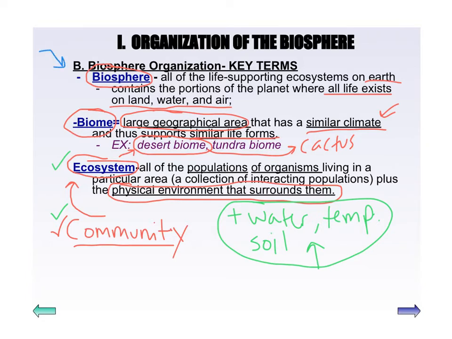Now, there's some things that can actually affect the entire biosphere. If an asteroid hit the Earth, that would affect the entire biosphere. All life on Earth would be in jeopardy of going extinct. Things like global climate change, where the weather is really changing big time, can also affect the entire biosphere, all life on Earth.